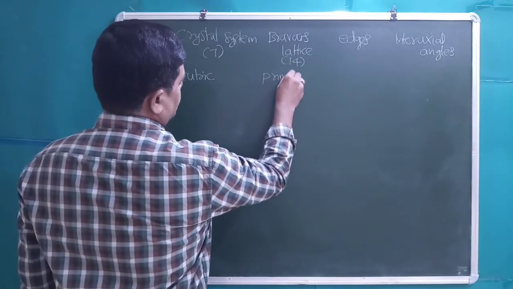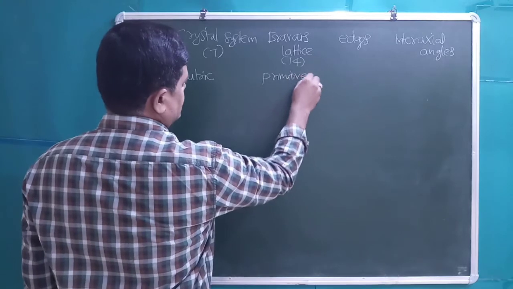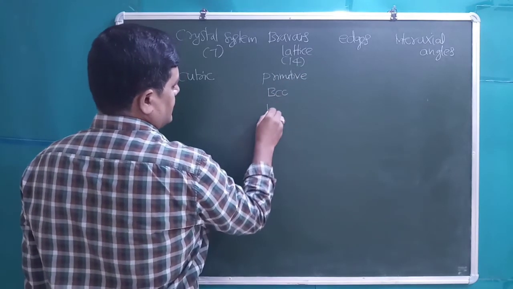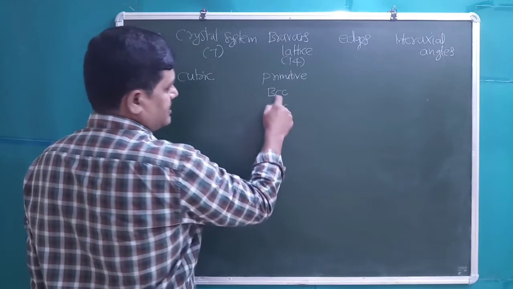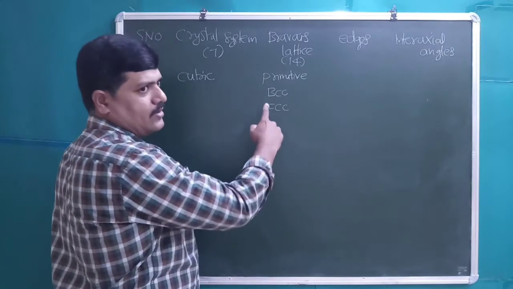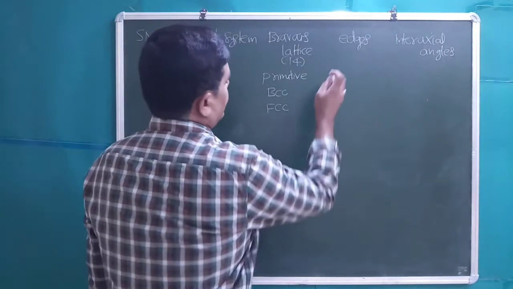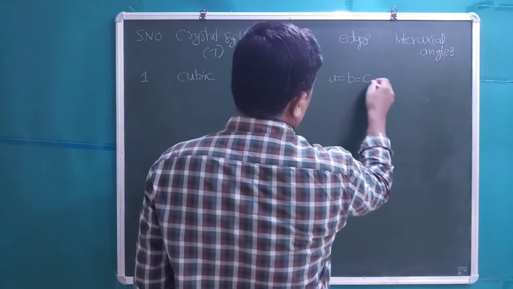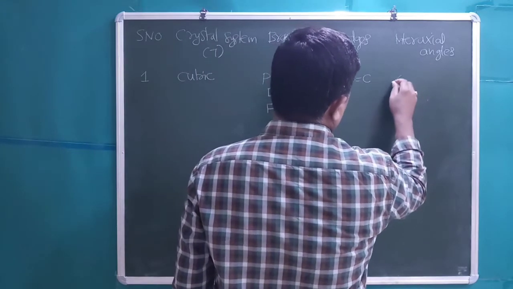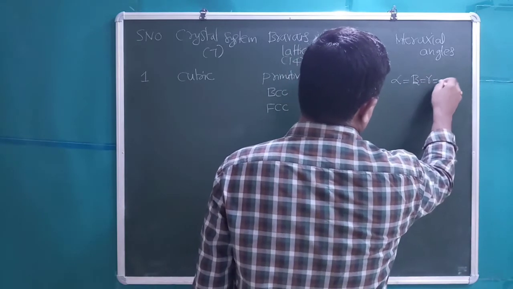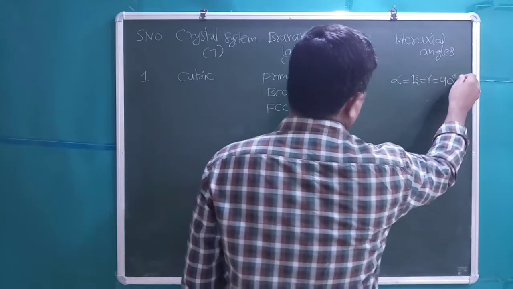Here 3 possible variations are observed in nature: primitive, BCC, FCC, that is, body centered cubic lattice and face centered cubic close packing lattice, right? And the edges relation is A is equal to B is equal to C. Interaxial angles relation is alpha is equal to beta is equal to gamma, which is equal to 90 degrees.